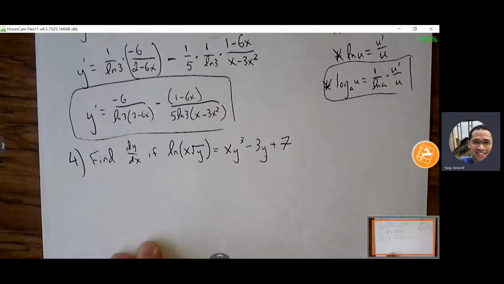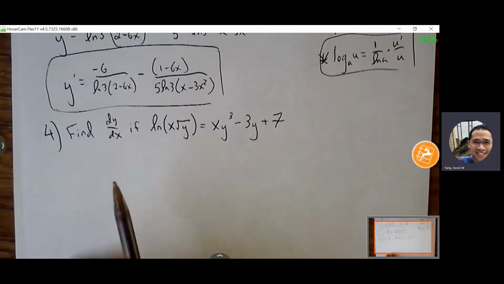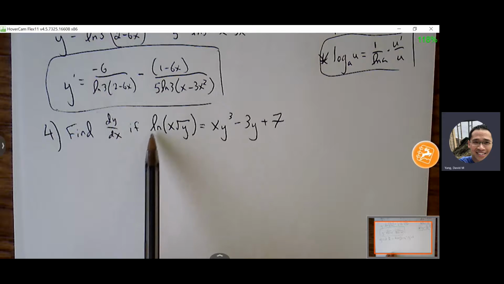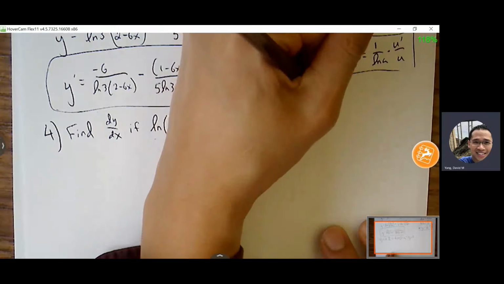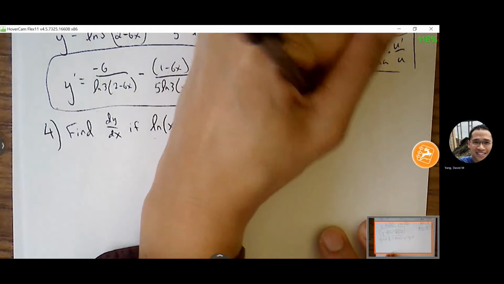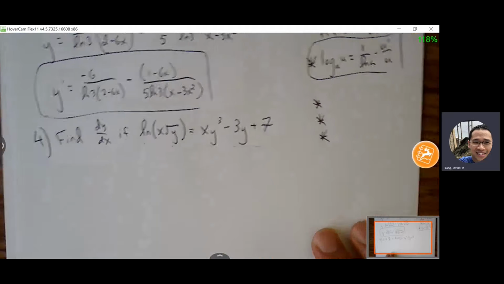Okay, number 4. It says find dy/dx. Here's our equation. Can you list out, there's 3 things that we need to involve here if we want to find the derivative. Can you spot them? What's needed here?